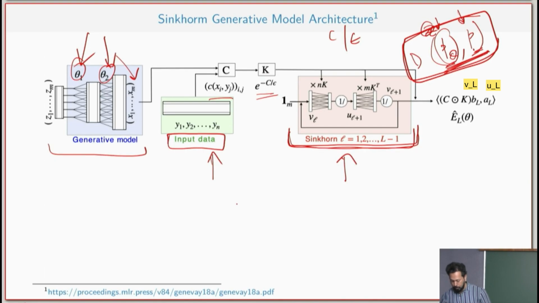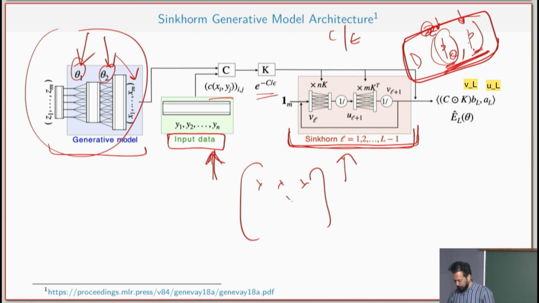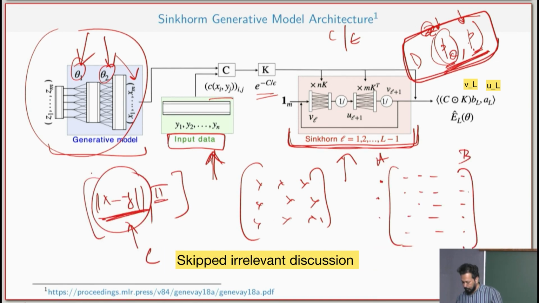So you are producing some data from the generative model, and the p will be calculated from the input distribution there, and these matrix values are the cost comparisons that we are doing. So this is what we have, and we have this K computed.